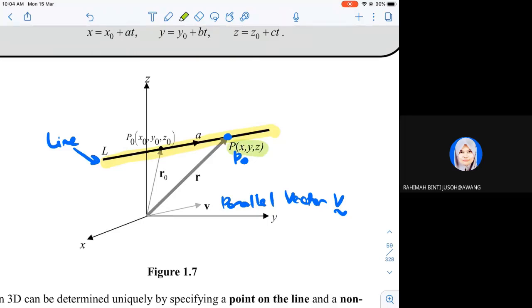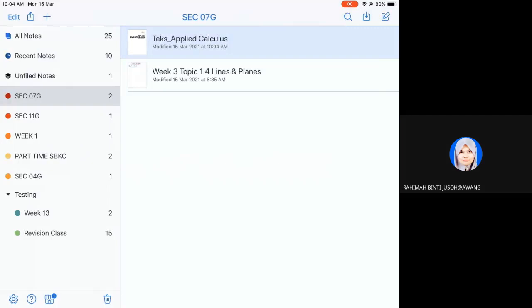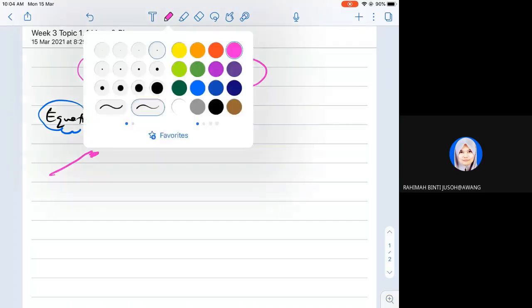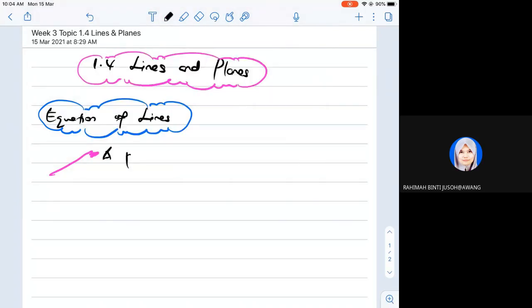And then another one, we need to have the parallel vector V. Okay, so ada 2 benda yang you perlukan in order to form the equations of line. Let me rewrite again. Equation of line, we need to have a point P0. P0 is x0, y0, and z0.